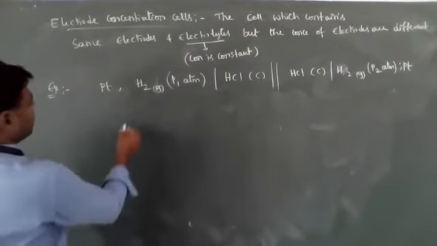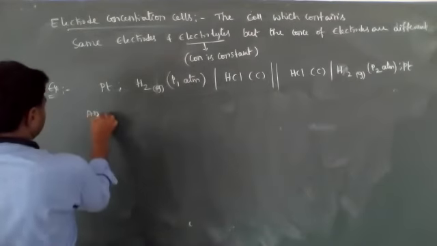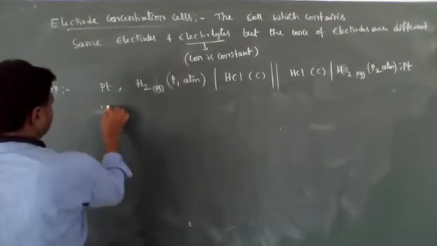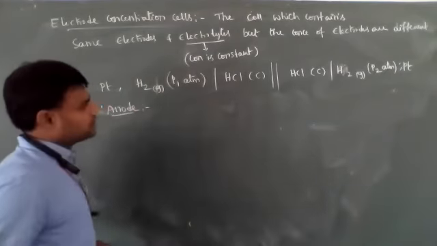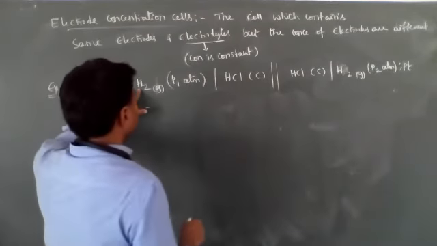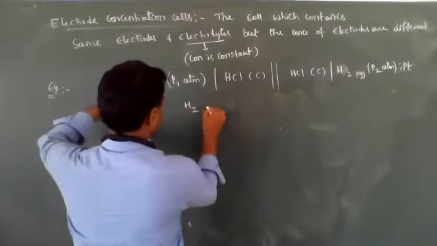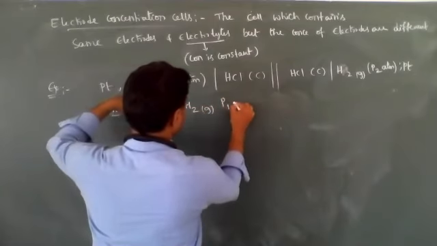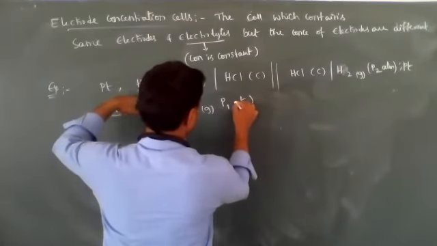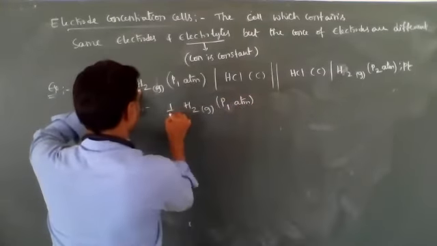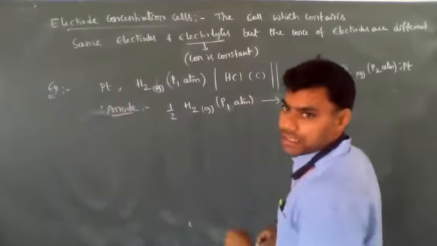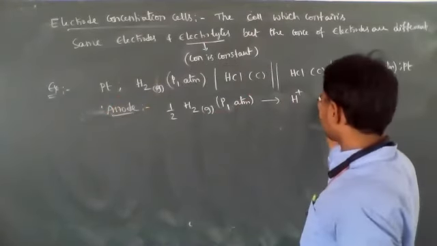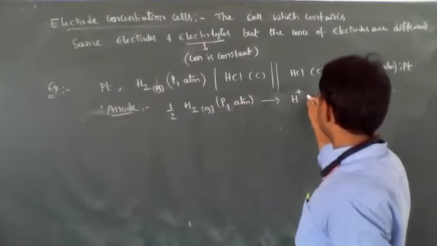Now let's see at anode. At anode, oxidation will take place. Oxidation means H2, as its pressure is P1 atmospheres. Half H2 is converted into H+ ions with concentration C and produces one electron.